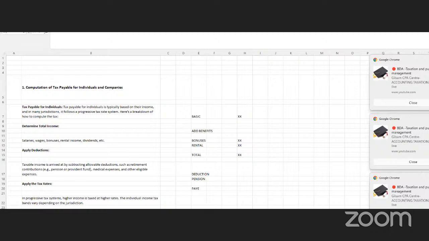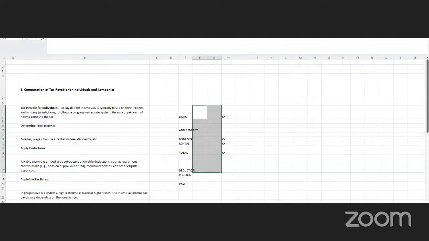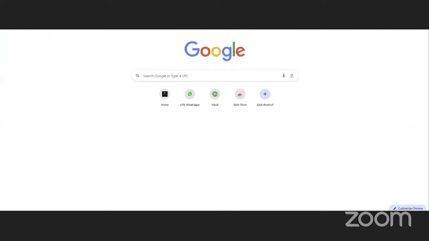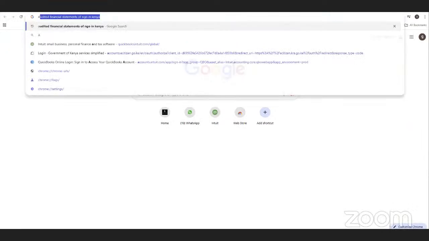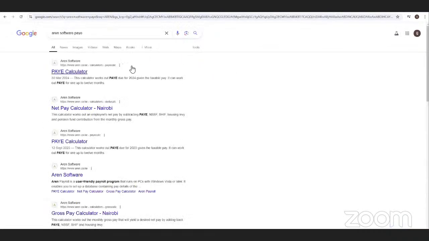Let me share my screen so that when I move my cursor, you can see. Click on the RN software pay calculator, and then click on this calculator here.